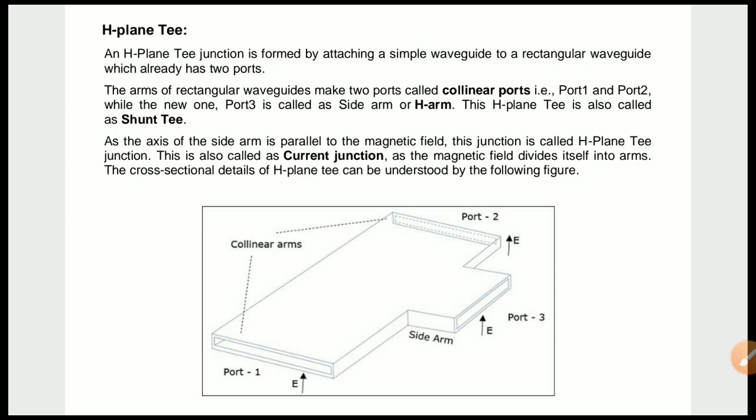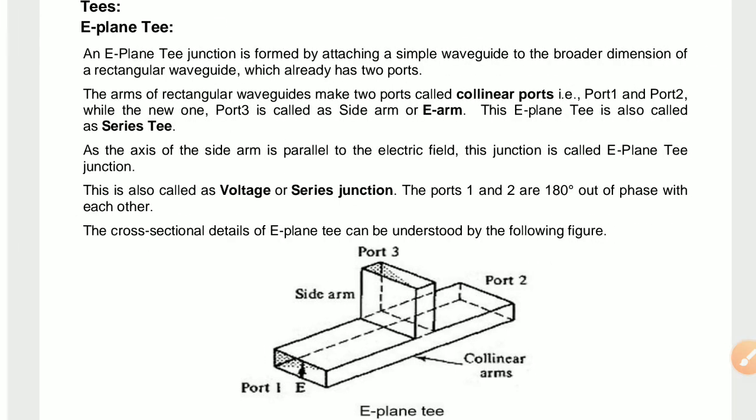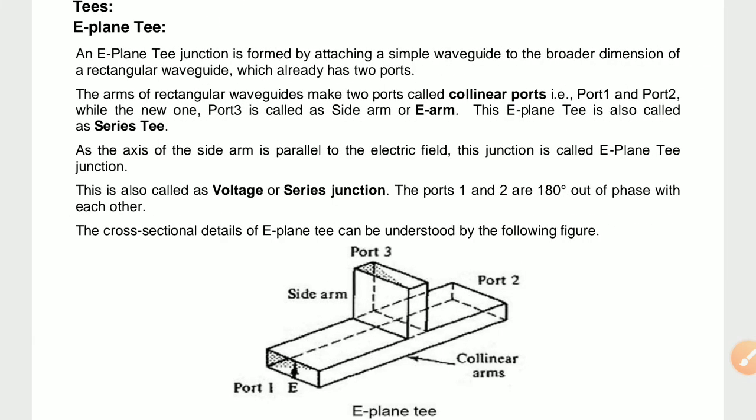Now let us discuss the second one, that is the E plane T. Similar to the H plane T, there are also 3 ports in the E plane T: port 1, port 2 and port 3. So let's discuss how this waveguide functions.